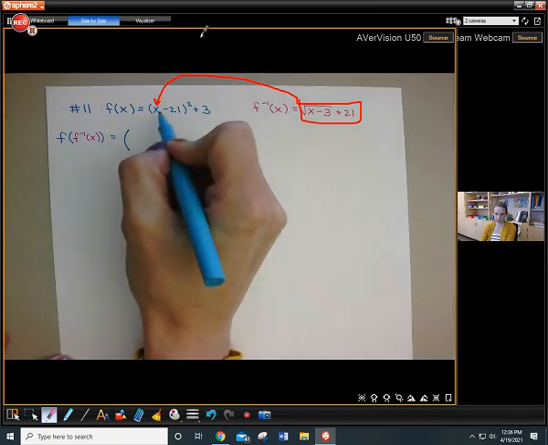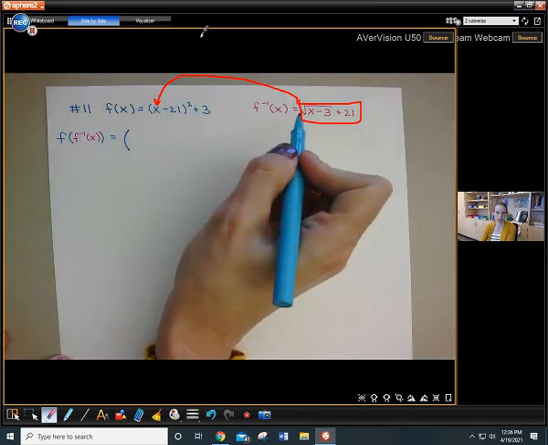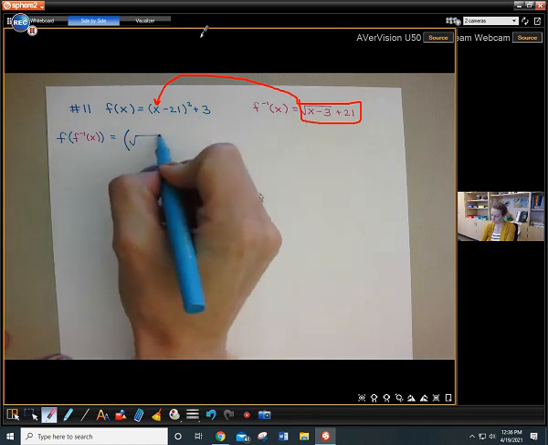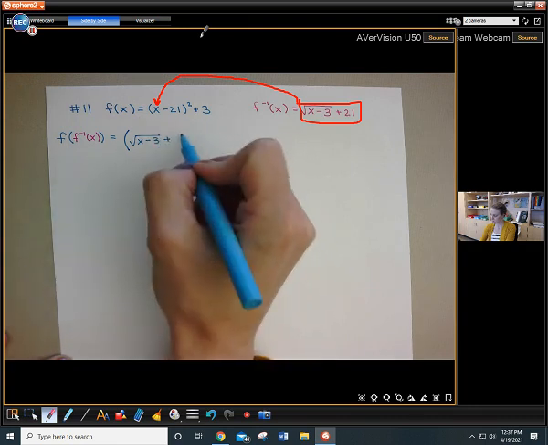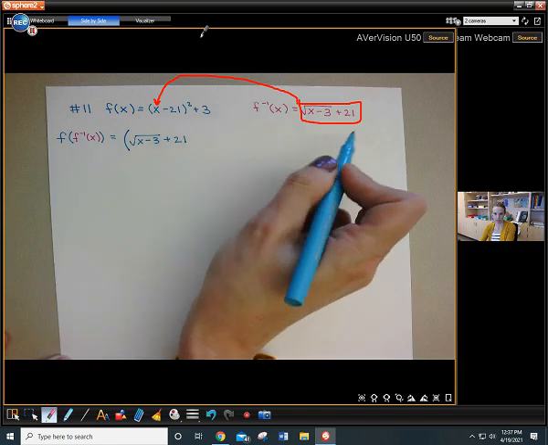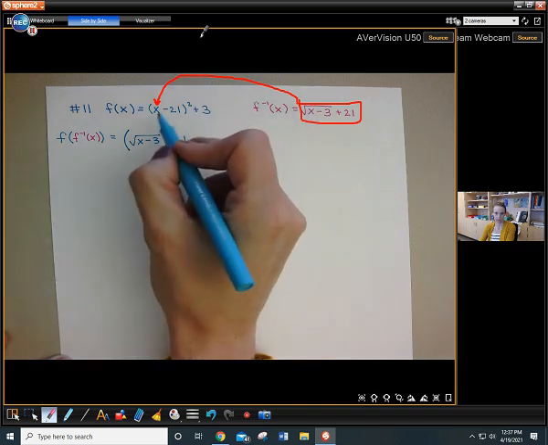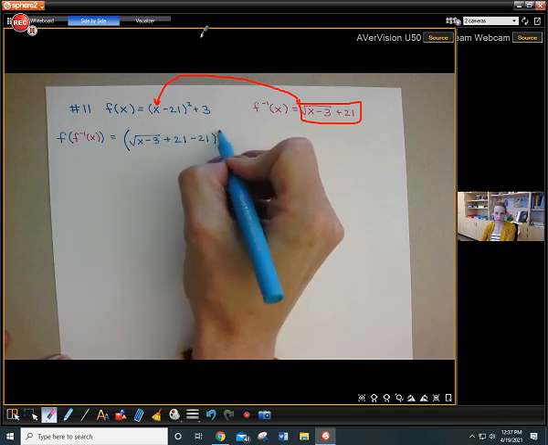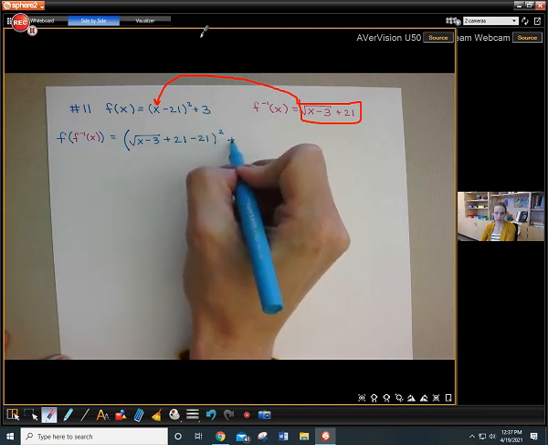So instead of an x, I'm going to write down the square root of x minus 3 plus 21. Then I need to say minus 21. Then I need to square it and then add 3.